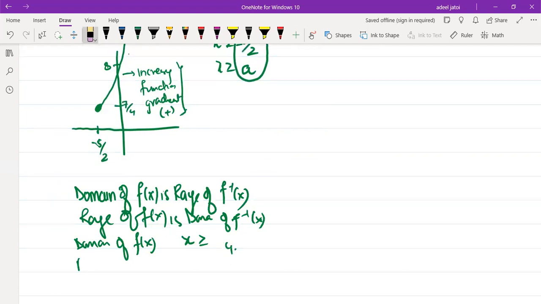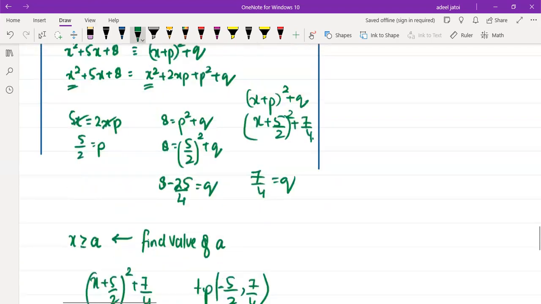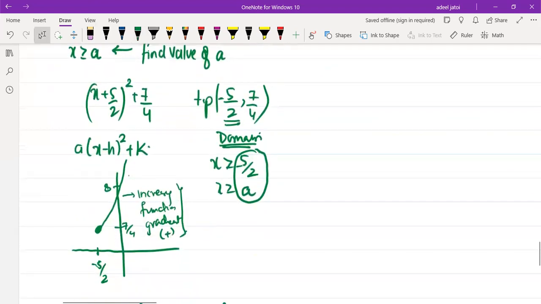The domain of f(x) is x greater than or equal to minus 5 upon 2. The range of f(x) is f(x) greater than or equal to 7 upon 4, because all the values in this graph will be upward in the range of y. The range represents the values of y, so when x moves to the right, the values of y go upward.